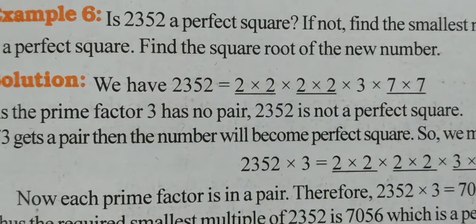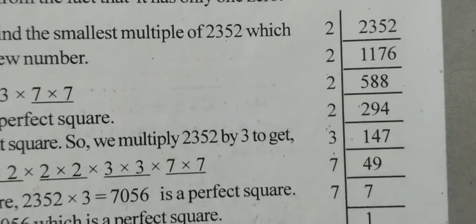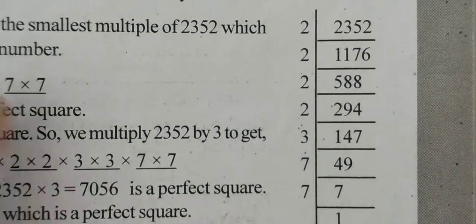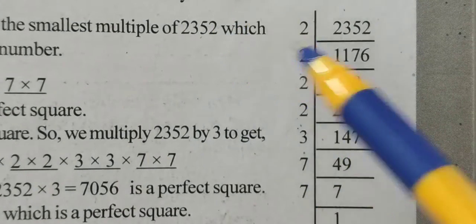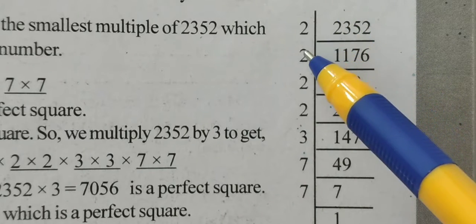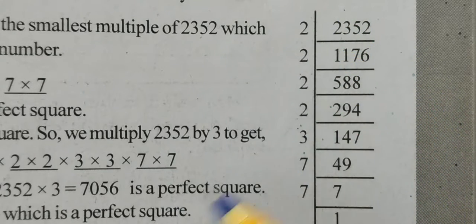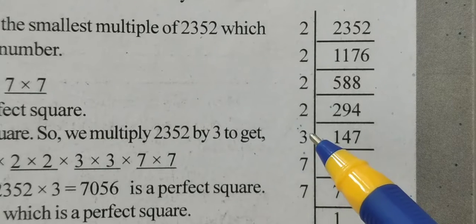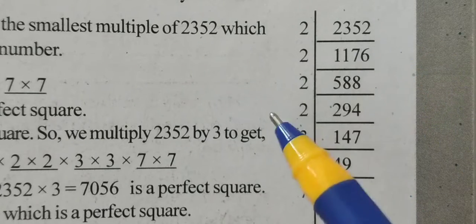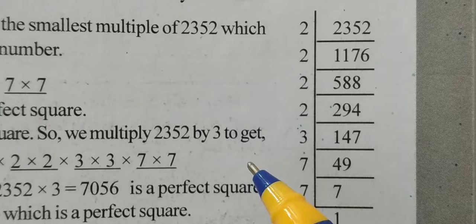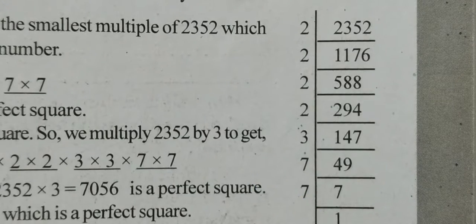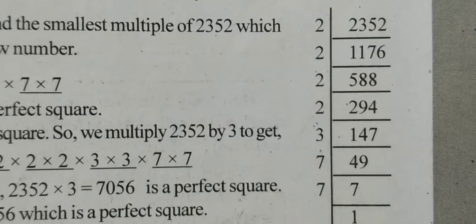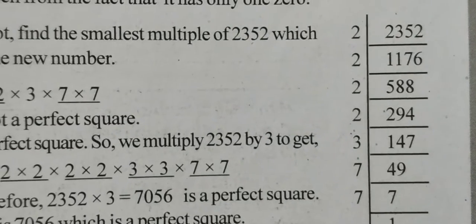For that you have to factorize it, and as I had told you earlier, on factorizing the number you will get prime factors in pairs only. If any prime factor is unpaired or remains single, that means it's not a perfect square. Okay, so either you have made a mistake or the number given is not a perfect square.